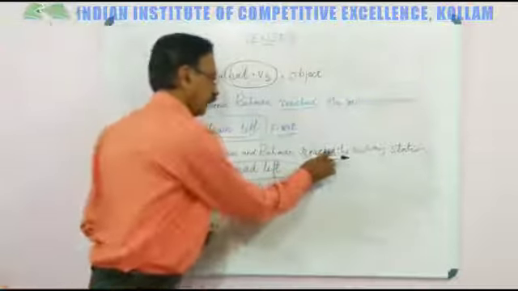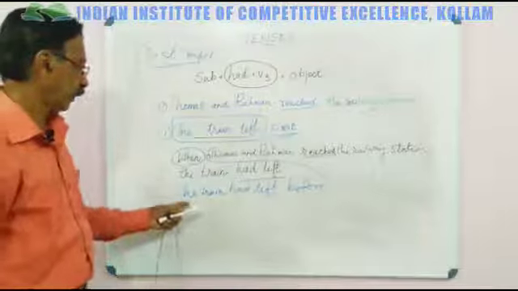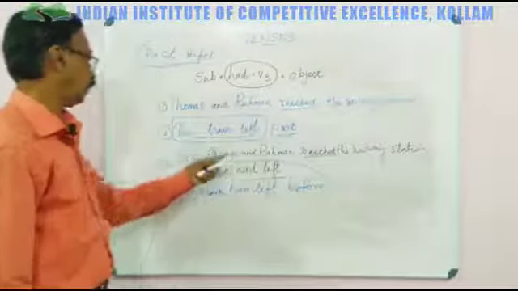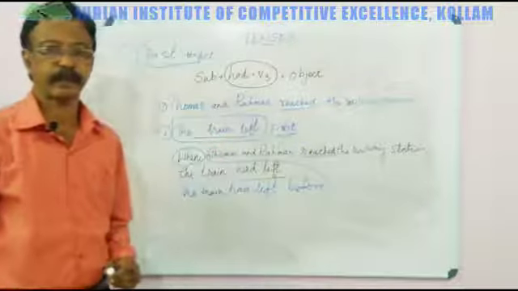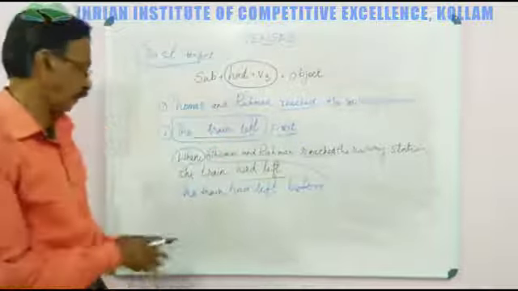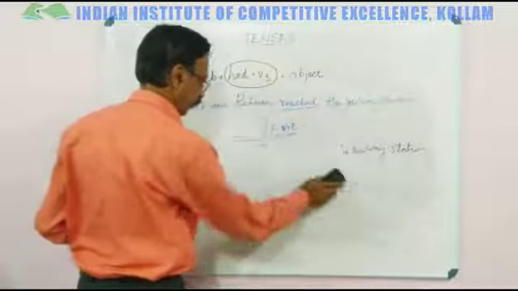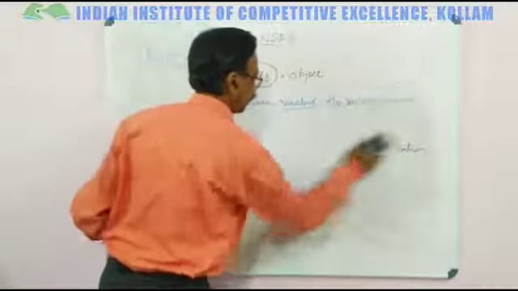The V3 form is reached. The train had left before Thomas and Rahman reached the railway station. Hope you understood it. We shall see another example. So two happenings, one after another in the past.